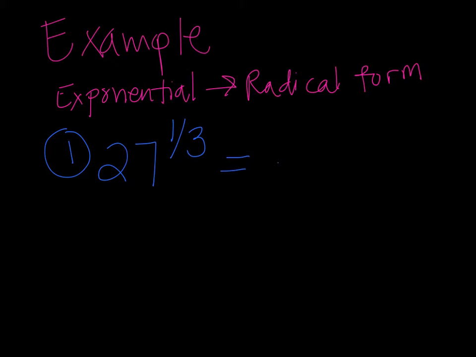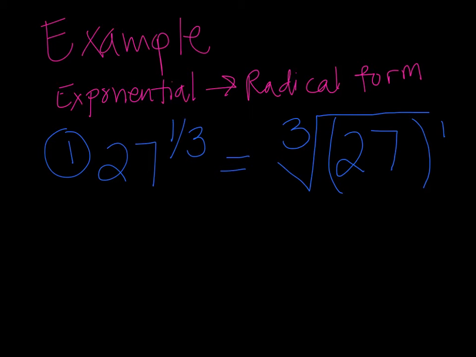remember I'm going to draw my radical sign. My radicand is my base, so it's going to go inside the radical symbol. 1 is the exponent that 27 is being raised to. And 3 is my index, which goes outside of my radical sign. And that would be your final answer. Let's try one more.